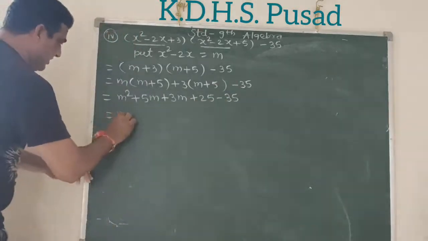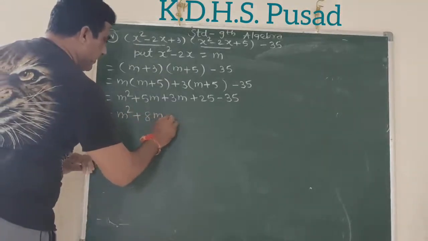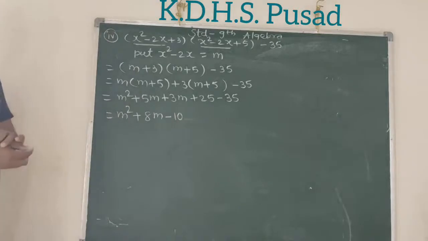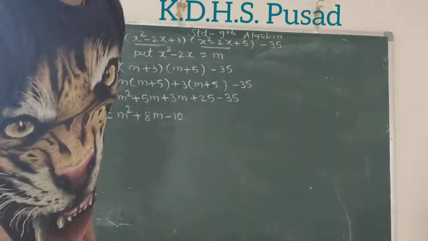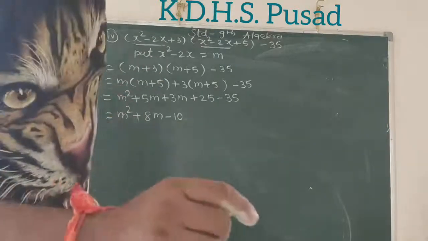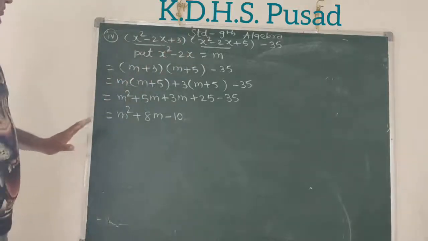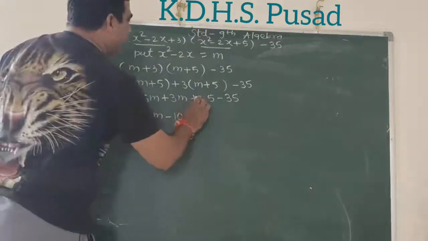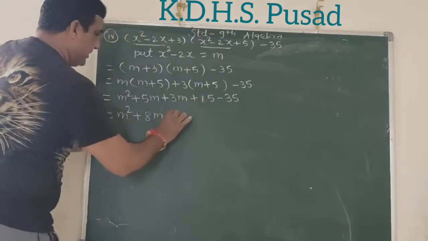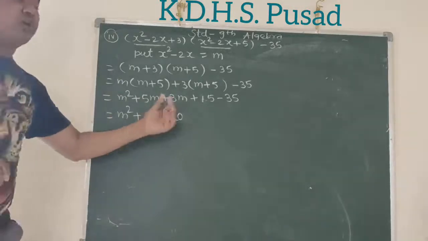So that is m square plus 8m minus 10. Now can we factorize further? Any mistake? Yes, I made a mistake. M plus 3, m plus 5. So here 3 fives are 15. I made a mistake here. 15, so here minus 20. Okay. Now that is your quadratic trinomial.